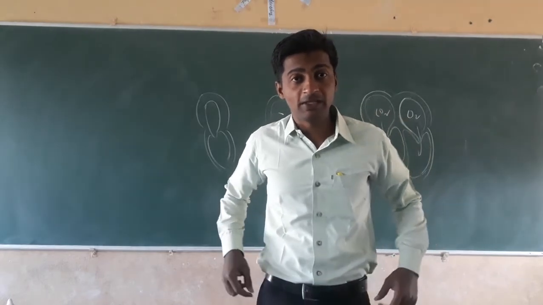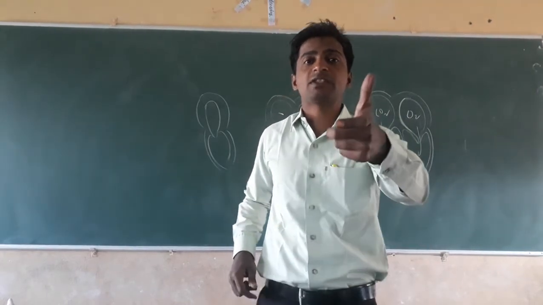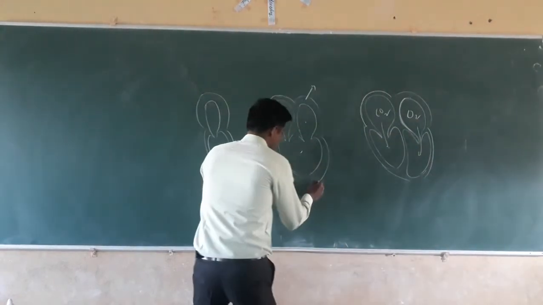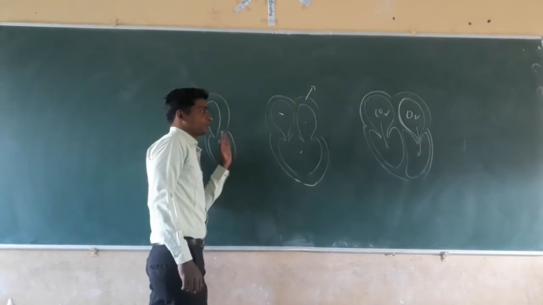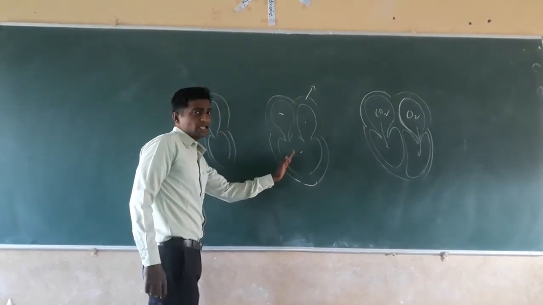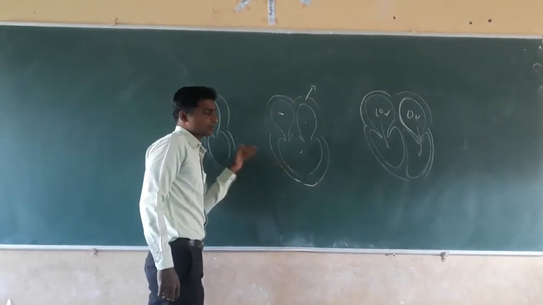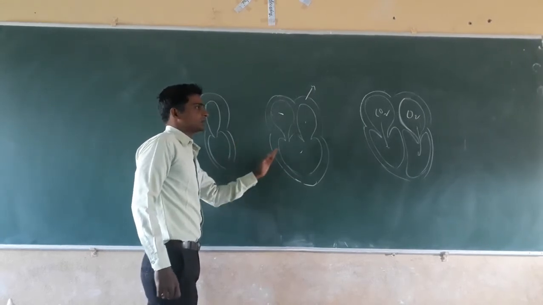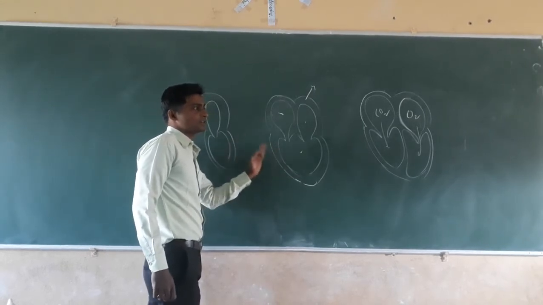poikilothermic. It means they change their body temperature with respect to the environment. Fishes, reptiles and amphibians change their body temperature with respect to the environment. That's why the mixing of blood is going on.